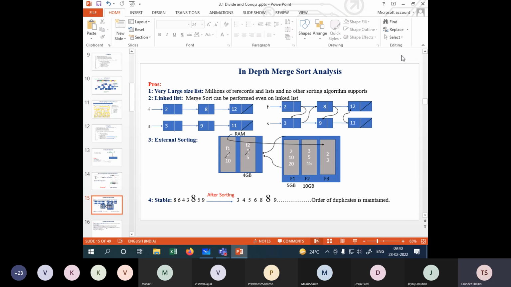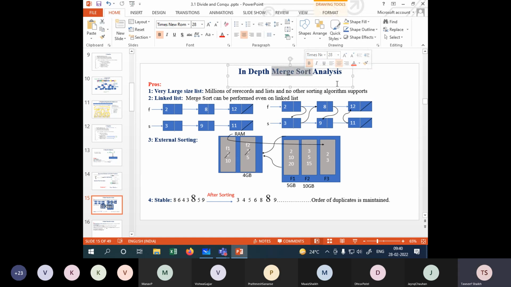There are so many sorting algorithms: merge sort, quick sort, insertion sort, bubble sort, bucket sort, radix sort, count sort. Whenever you have millions of records, no algorithm beats merge sort.